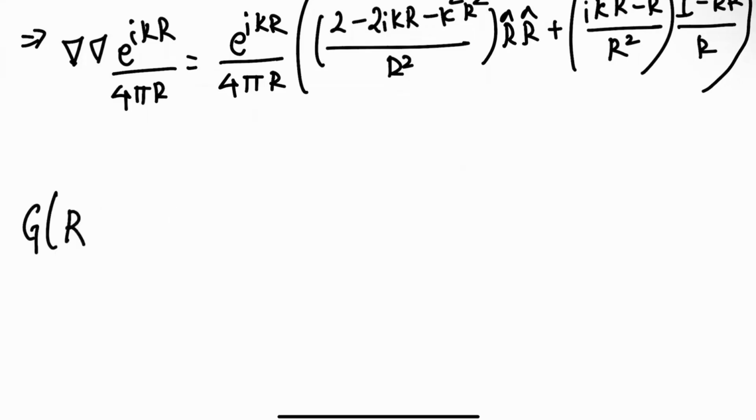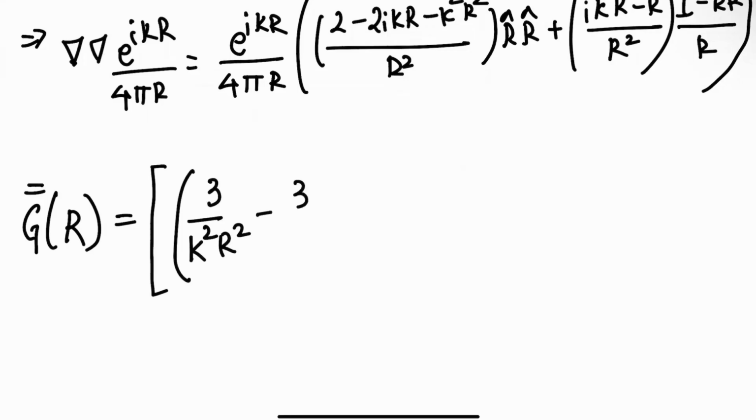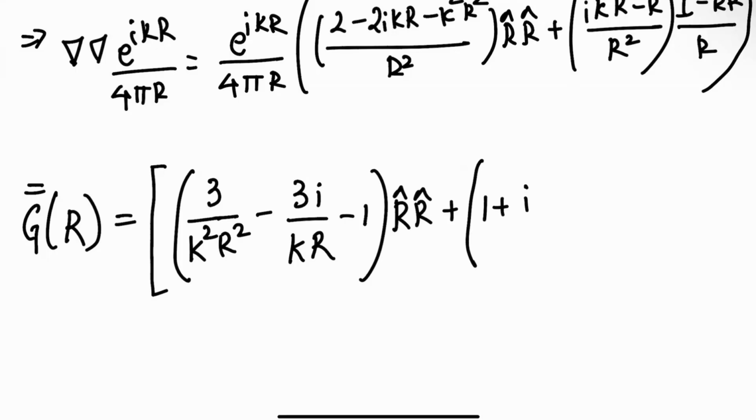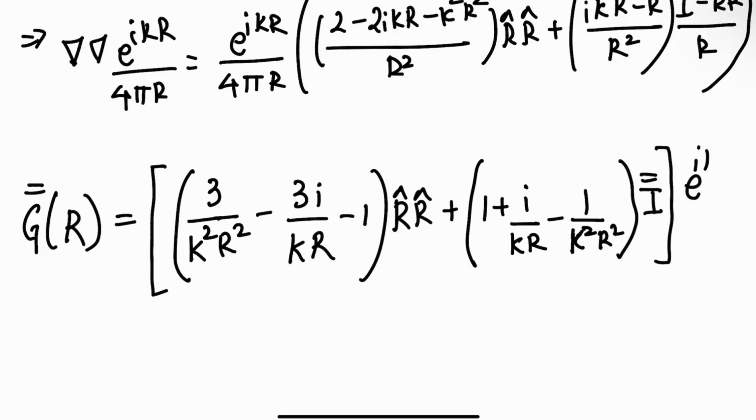So here, g of r, the dyadic Green's function, is equal to (3 over k squared r squared minus 3i over kr minus 1) r hat r hat plus (1 plus i over kr minus 1 over k squared r squared) times I, times e to the ikr over 4 pi r.